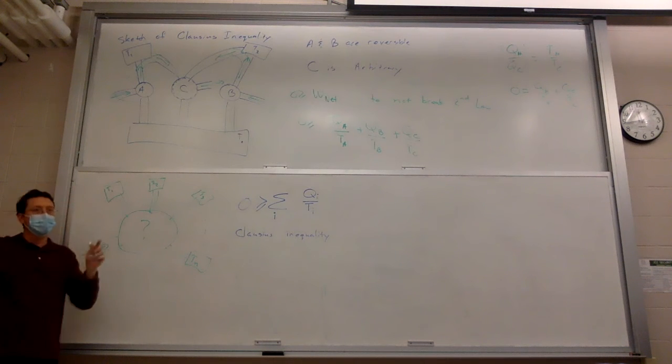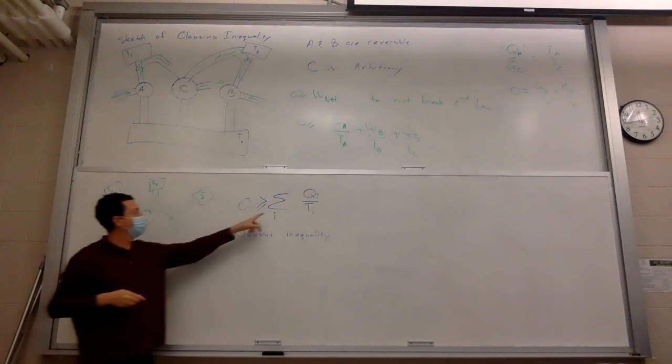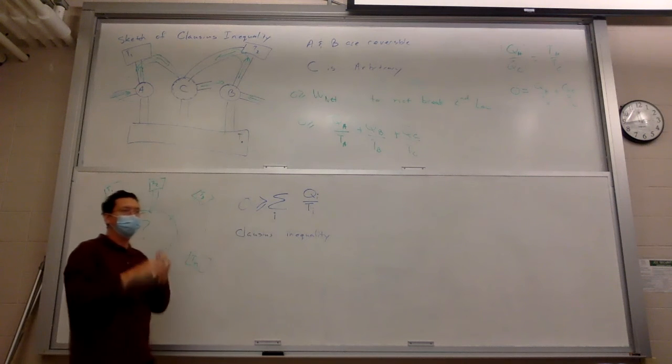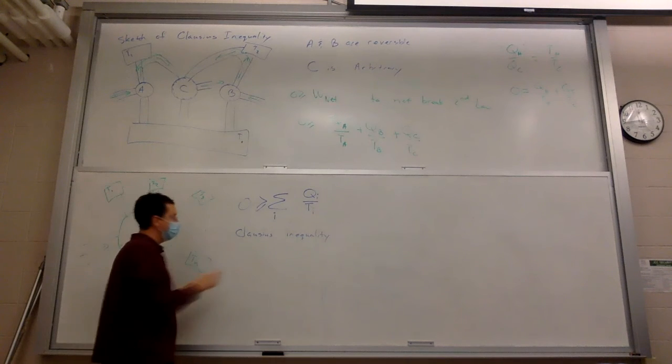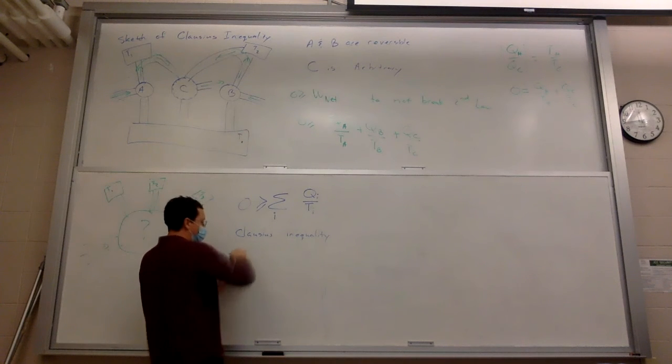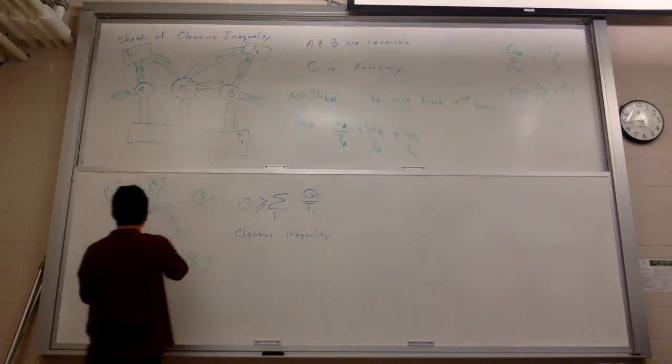What do you think is going to happen to the sum? You have an infinite number of infinitesimal heat exchanges. That's going to be a limit. You're going to get an integral. So if you have a continuously changing quantity instead of discrete things.